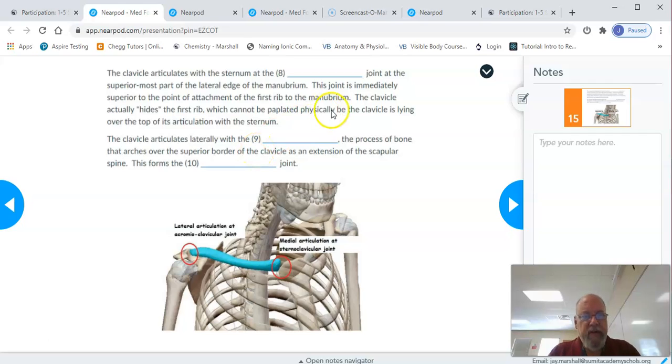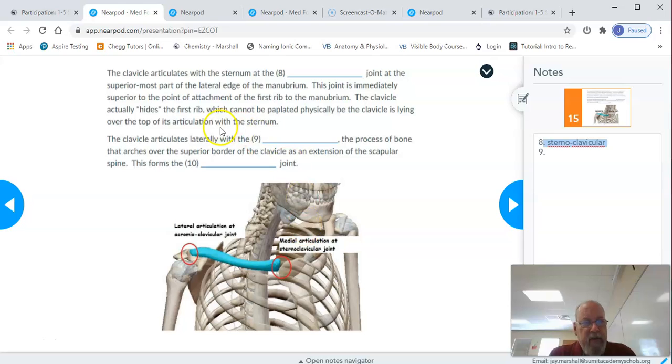The clavicle articulates with the sternum at the sternoclavicular joint. This is at the superiormost part of the lateral edge of the manubrium. Again, this is the manubrium of the sternum, and this is at the superiormost and lateralmost edge.